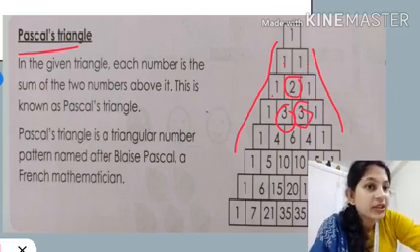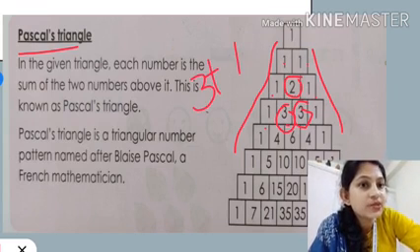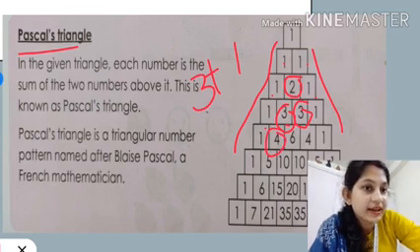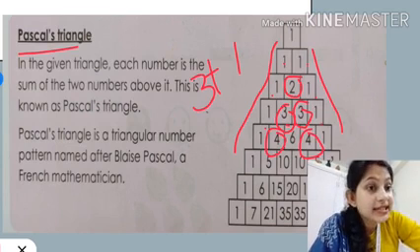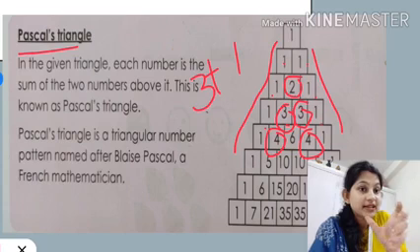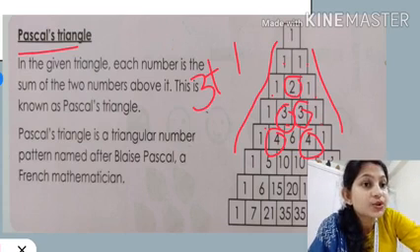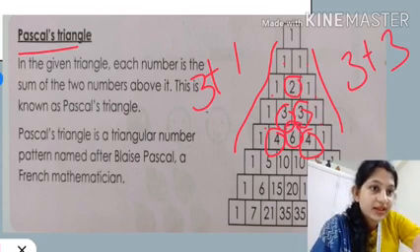Got it? Now in the next one, 3 plus 1. See here, 3 plus 1, that is 4 here. Similarly, this side, 3 plus 1, that is 4 here. And again, in the center one triangle box has been increased. So 3 plus 3, that is 6 here. Understood?